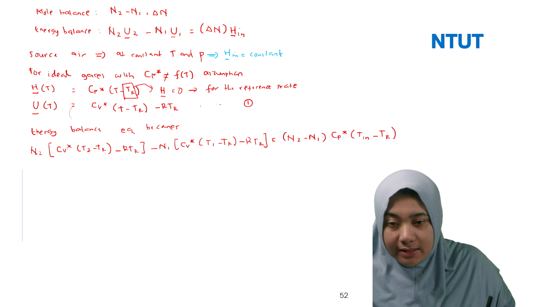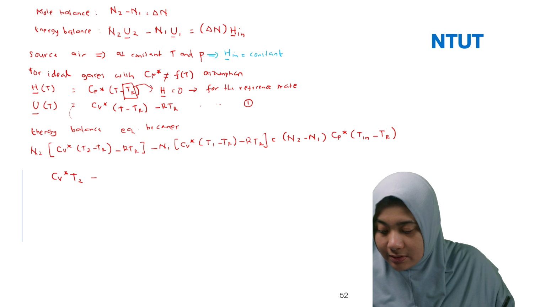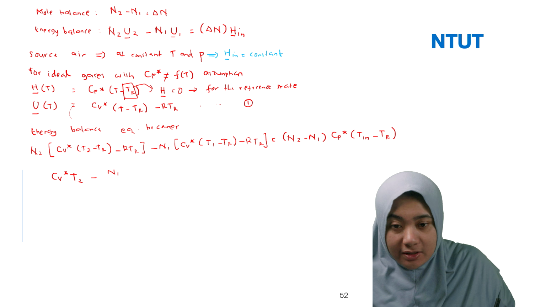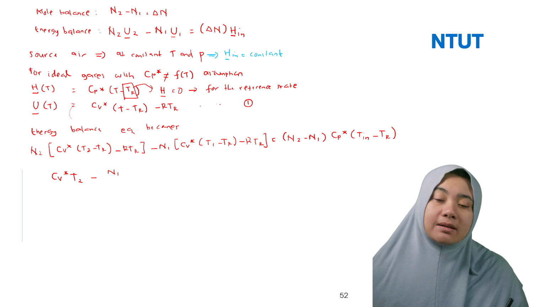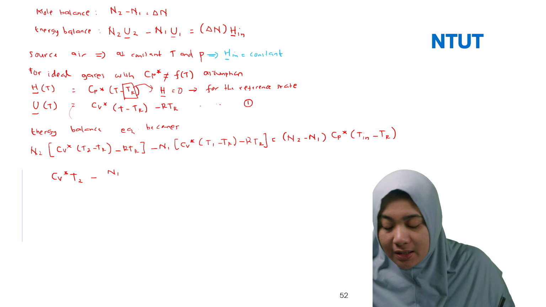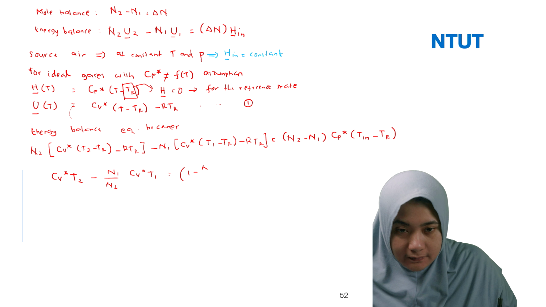Then here we can simplify the equations into the second equation, Cv asterisk T2 minus N1, because everything with Tr is going to be 0, so you don't need to consider the reference temperature. So here you have only T in.